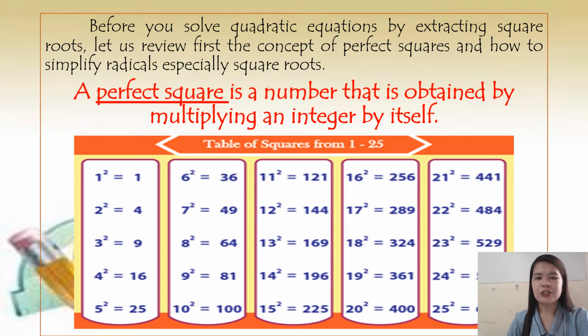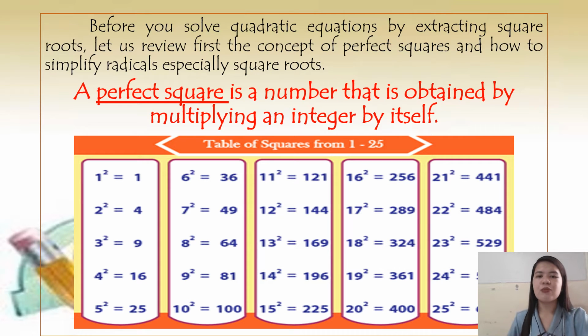Let us have the other way around. 6 squared is equal to 36, meaning the square root of 36 is 6. The square root of 49 is 7 because 7 squared is equal to 49. The square root of 64 is 8 because 8 times 8 is equal to 64. The square root of 81 is 9 and the square root of 100 is 10.